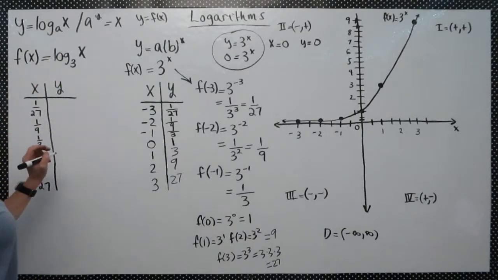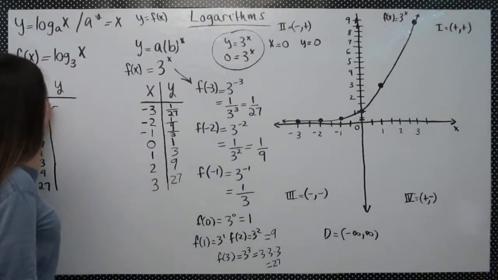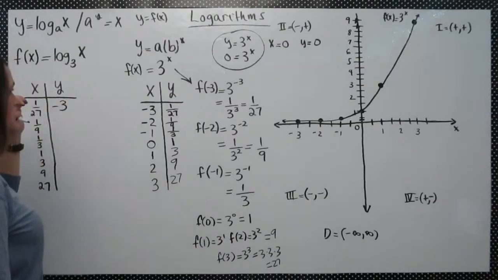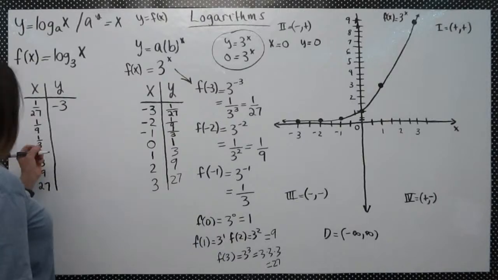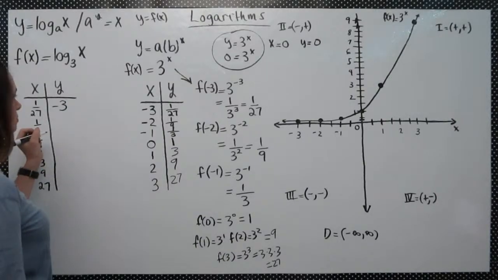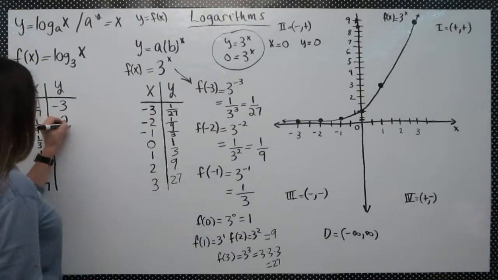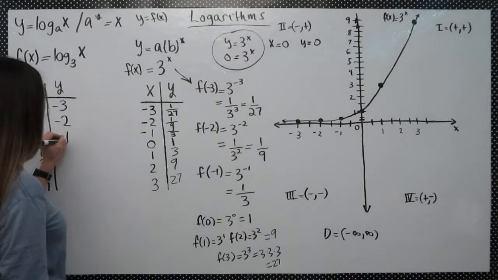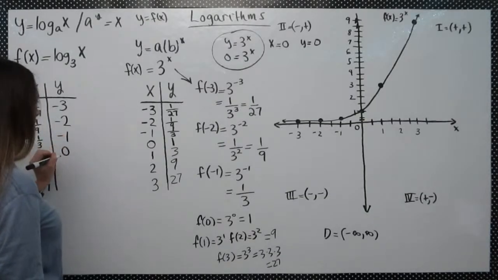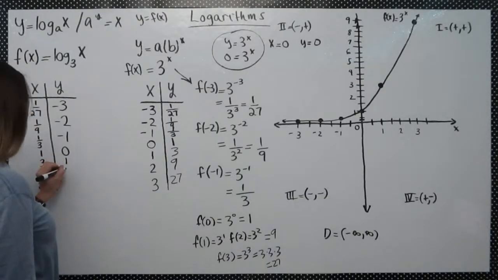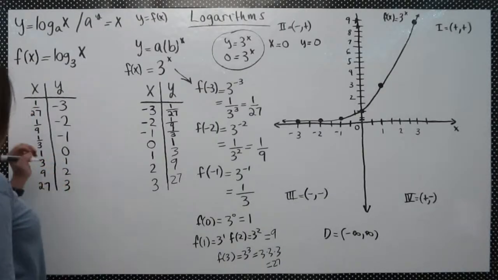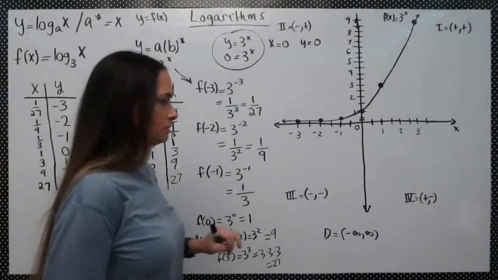But if I were lazy and I just wanted to sketch the graph of a logarithm really quickly, I could just swap out the domains and the ranges and see what's going on with this graph. So that's going to be a 1, 2, and a 3.